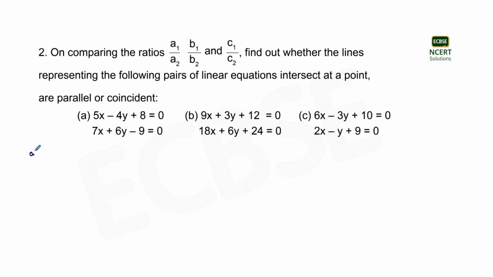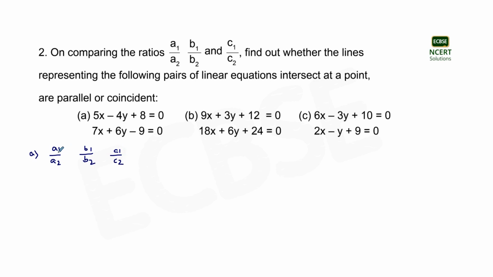In part A, the linear equations given are 5x minus 4y plus 8 equals 0, and 7x plus 6y minus 9 equals 0. If we compare these equations with the standard pair of linear equations, we can find the ratios a1 by a2, b1 by b2 and c1 by c2.